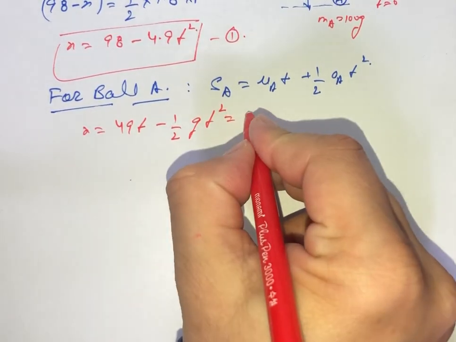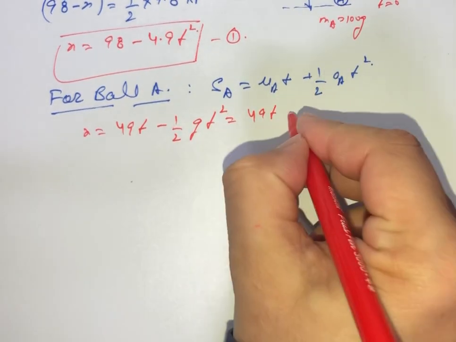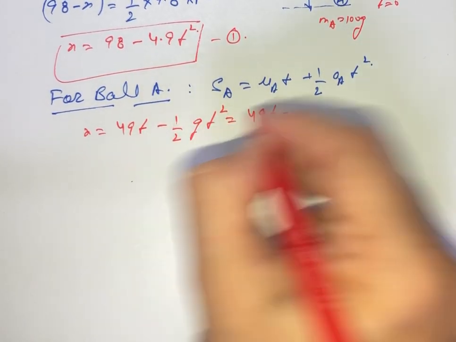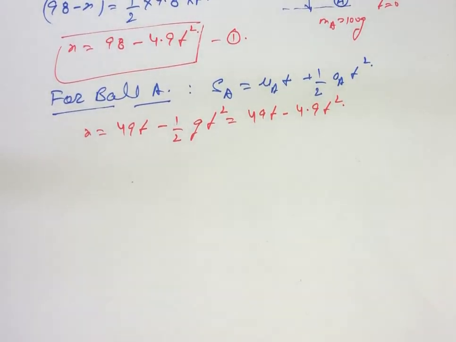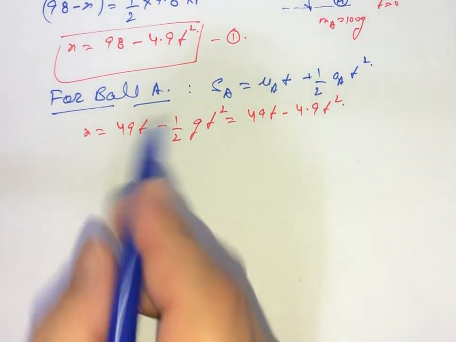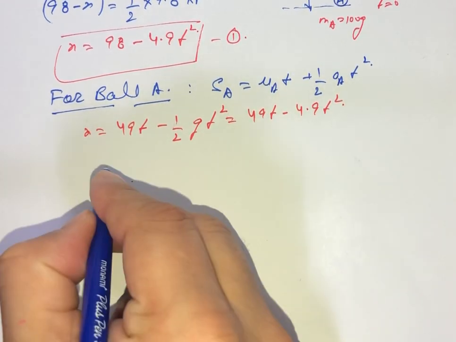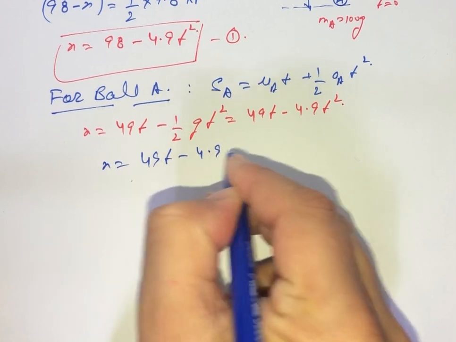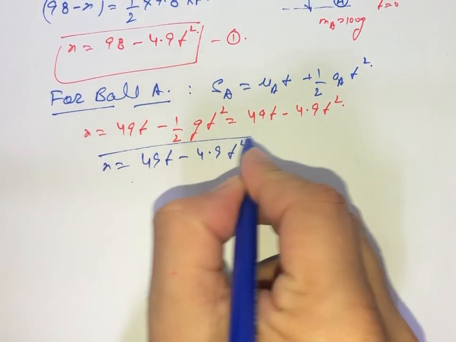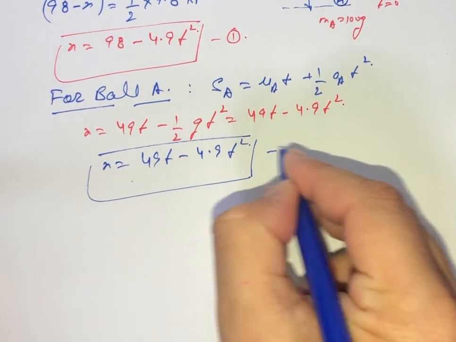So we can write further this as 49t minus 4.9 t square. So x is equal to 49t minus 4.9 t square. Let this be equation number 2.